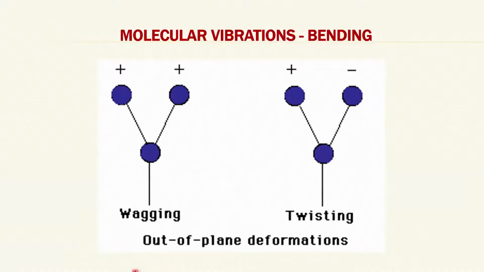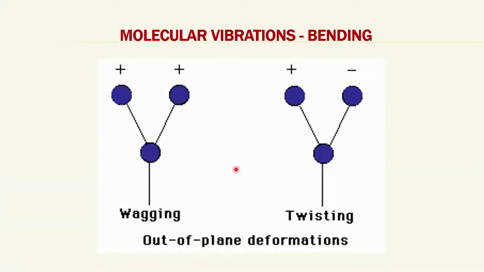Now, when I put one plus and one minus, it will be like this. The molecular vibrations would be appearing like this. So, this is known as twisting, and this is wagging. There are different kinds of vibrations that appear. These are out of plane deformations.